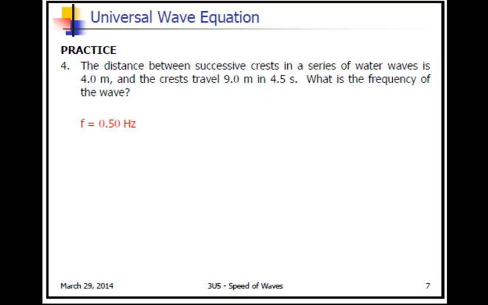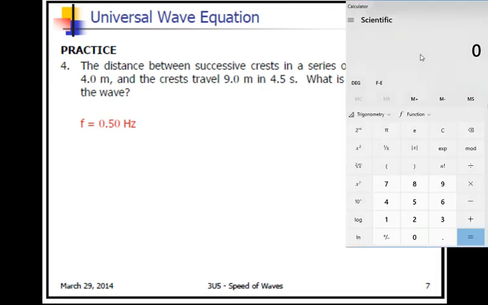Using that, we can calculate our speed of our wave. So 9 meters divided by 4.5 means we're traveling at 2 meters per second. So to find our f, we need to rearrange the equation again. It's going to be v over lambda. So 2 divided by 4 gets us to 0.5 hertz.